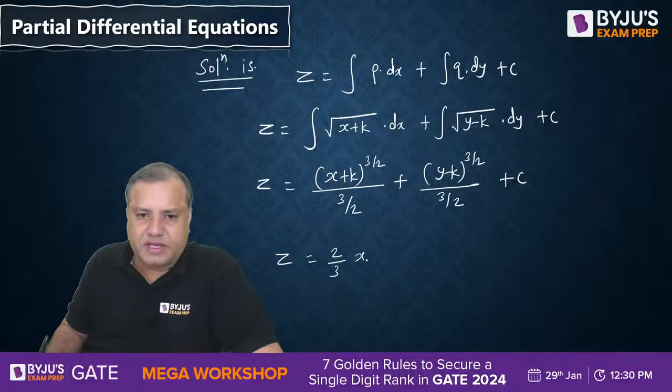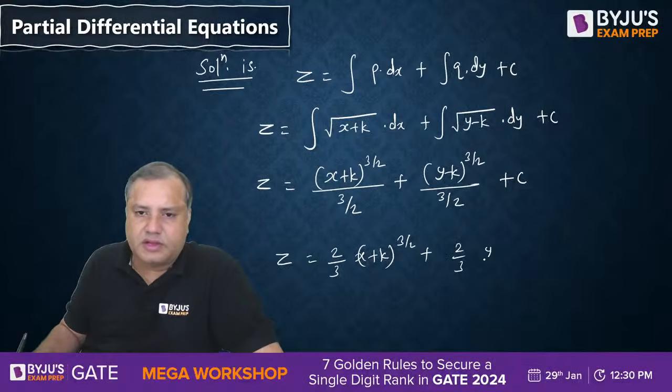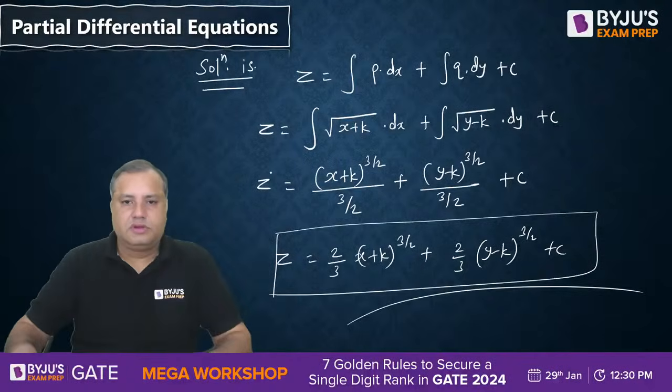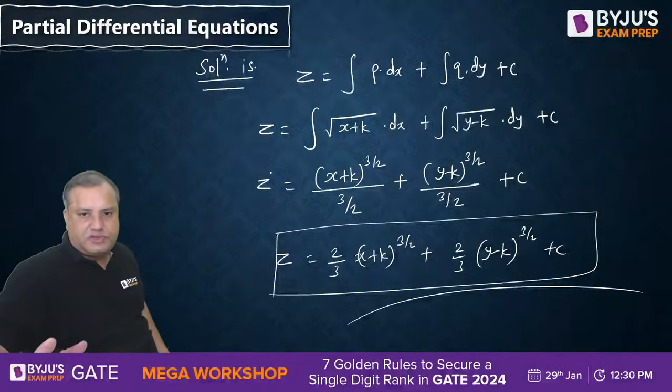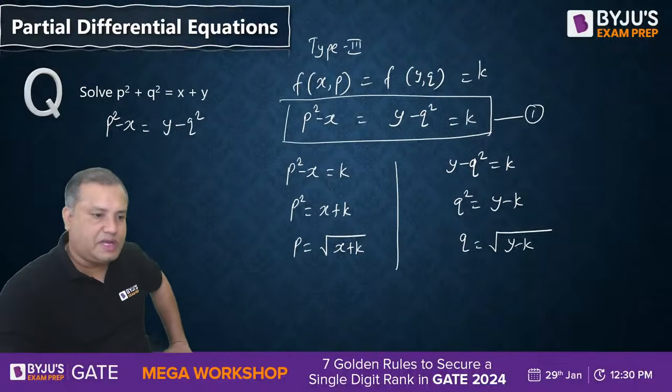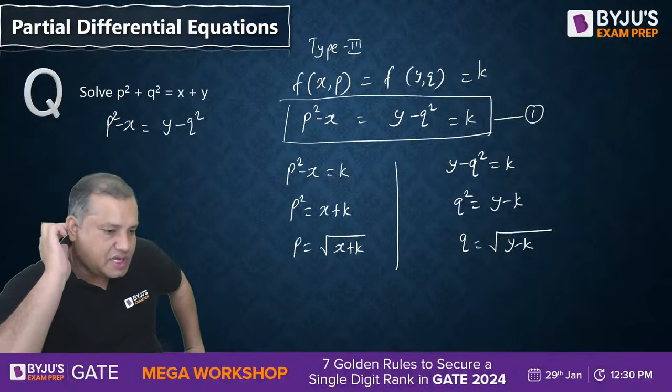So 2 by 3 x plus k to the power 3 by 2, and 2 by 3 y minus k to the power 3 by 2, plus c. This is the final answer. And in this question, I want you to approach for type 3. Identify type 3 and solve.